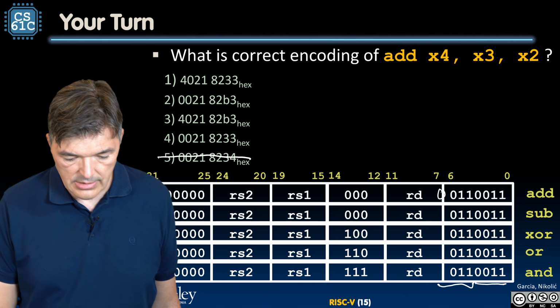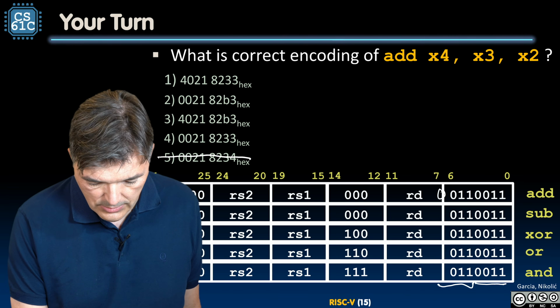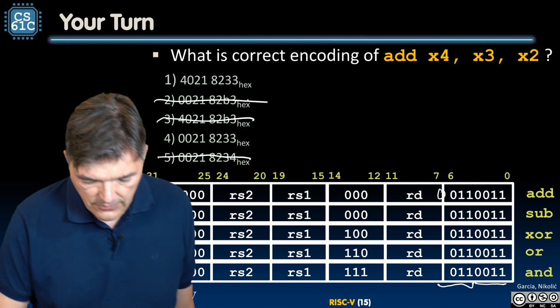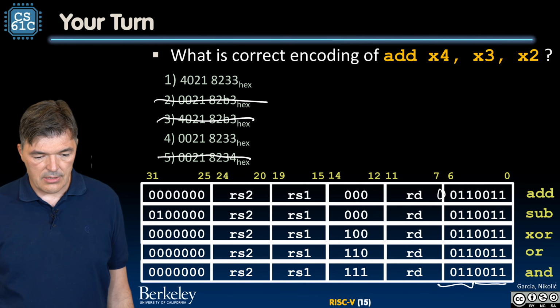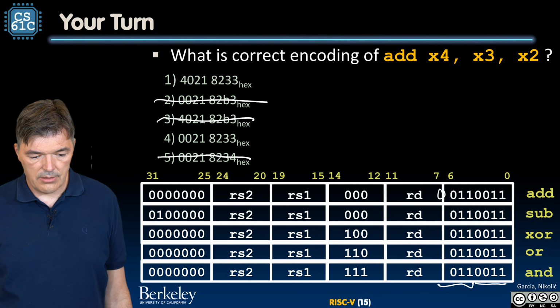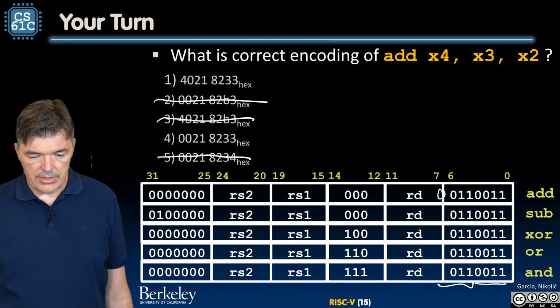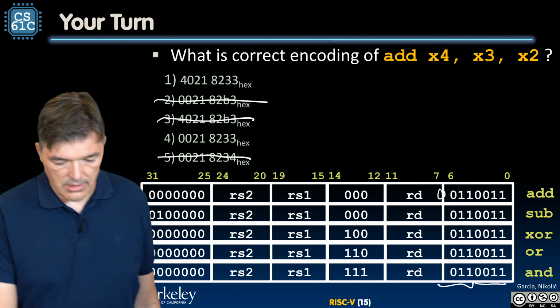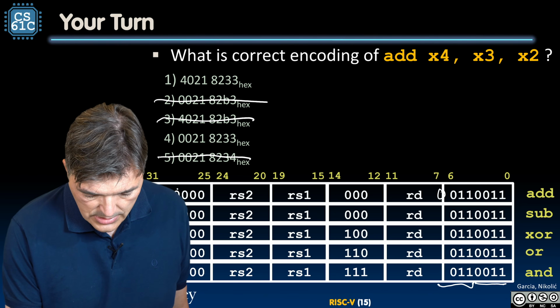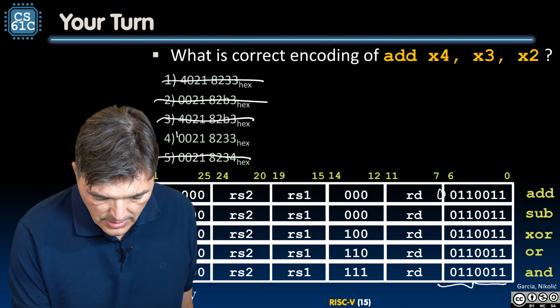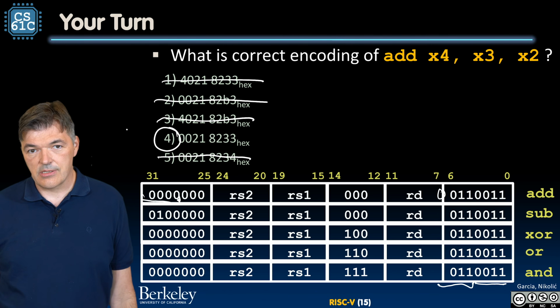Therefore, the next significant digit needs to be 3 as well. So I can cross these two off. So which one is it? 4021 or 0021? Well, we know that add has all zeros in the leading position, so we can eliminate this one, and 4 is our correct answer.